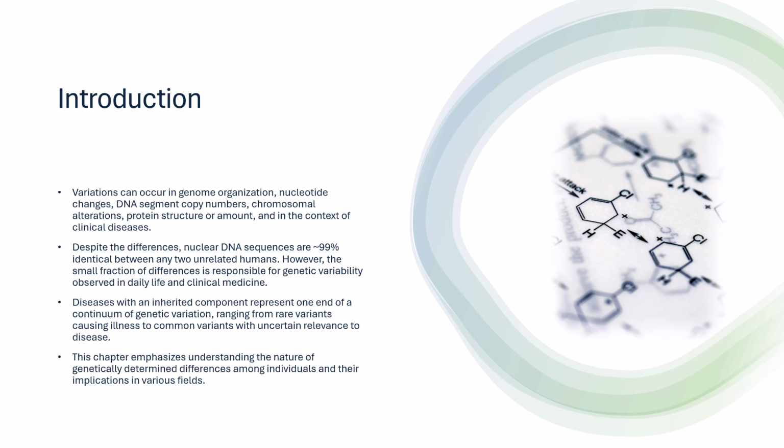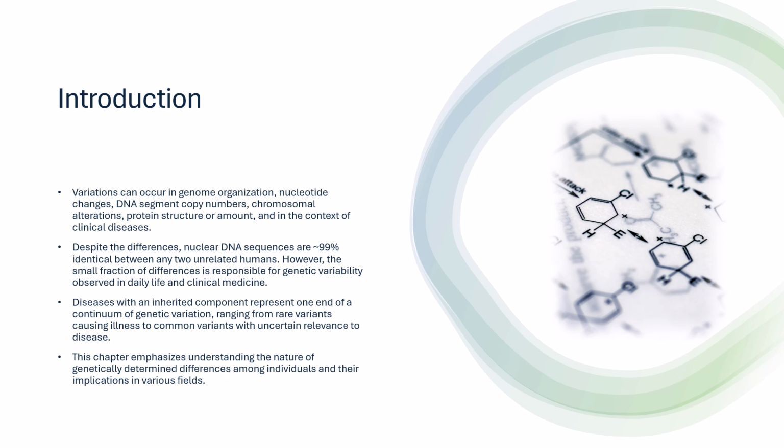If you have two unrelated humans and you have done nuclear DNA sequencing, you will be surprised that almost 99% of their DNA sequence will be essentially identical, and only a small fraction will be different, and that small fraction is responsible for the huge genetic variability between individuals. That's a result of what we call variation.